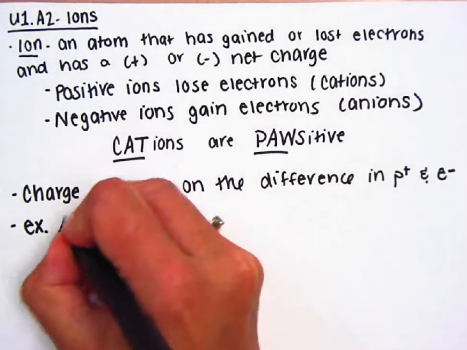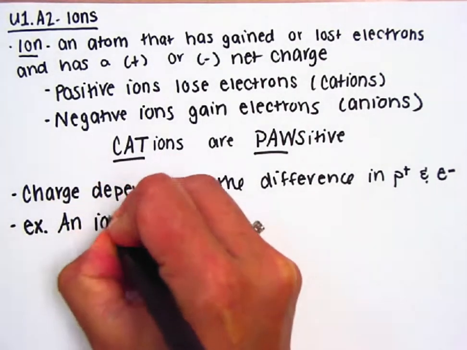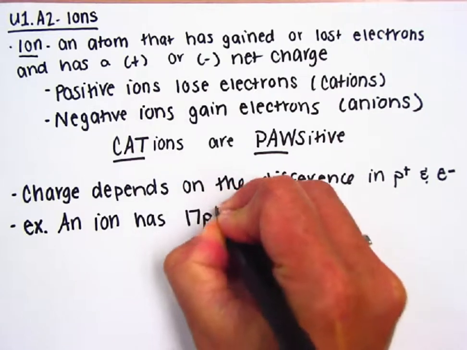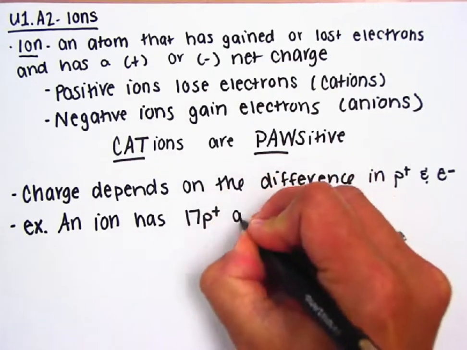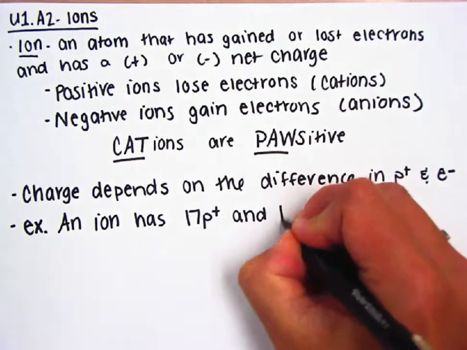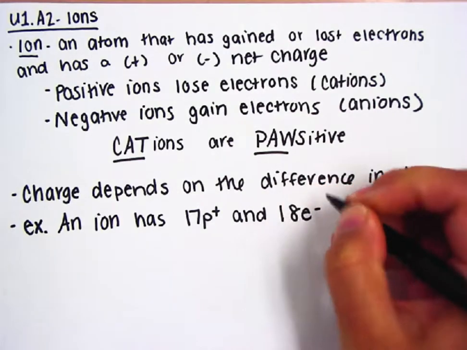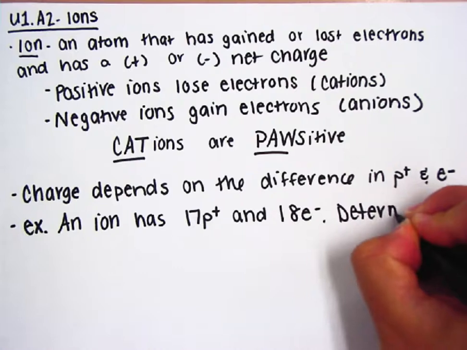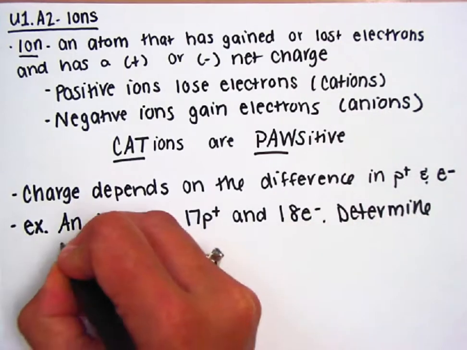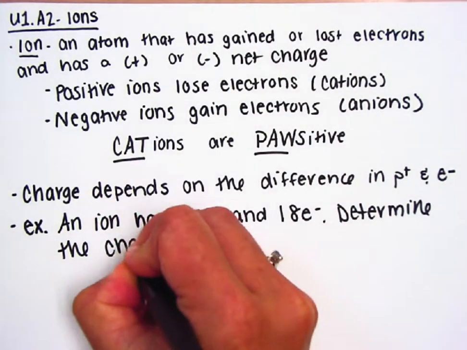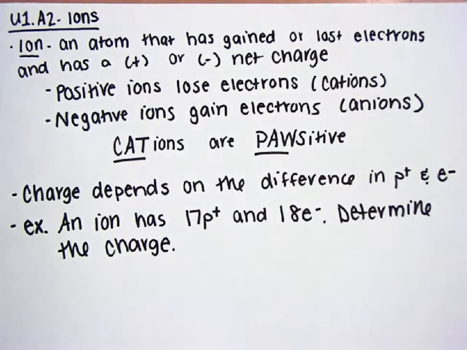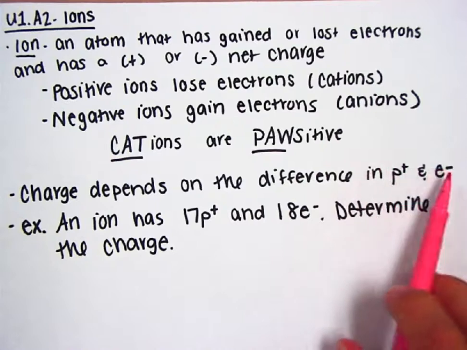First example. An ion has 17 protons and 18 electrons. Determine the charge. So charge depends on the difference between our protons and electrons.